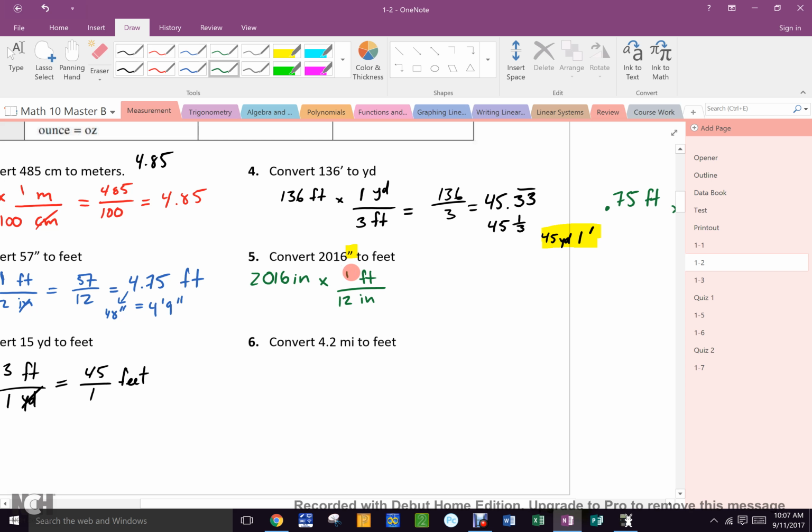So since the 1 is on the top, is this a multiply or divide situation? Divide. So it's 2016 divided by 12. What does that give me? Is it going to be perfect? No. What does it give me? 168 perfectly. It was perfect. Feet. 168 feet.